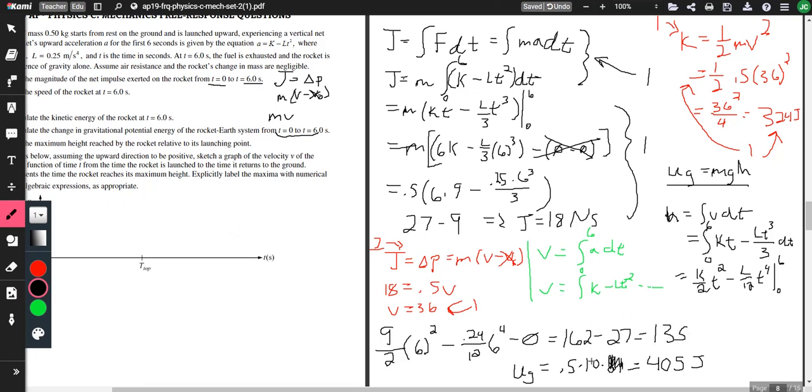So times this by 10 divided by 2, and I end up getting not 405, but I get 675.